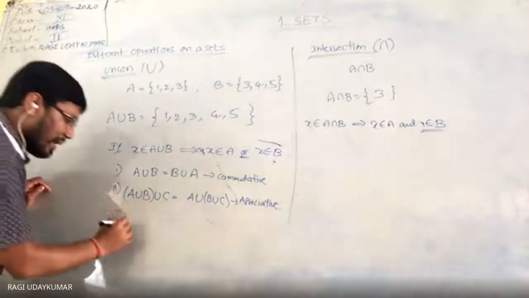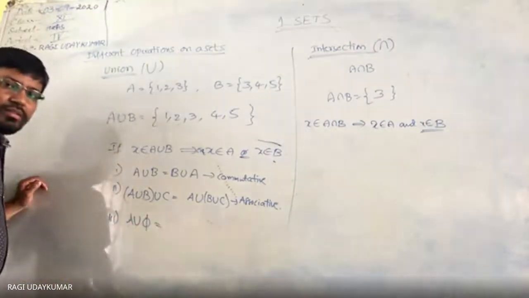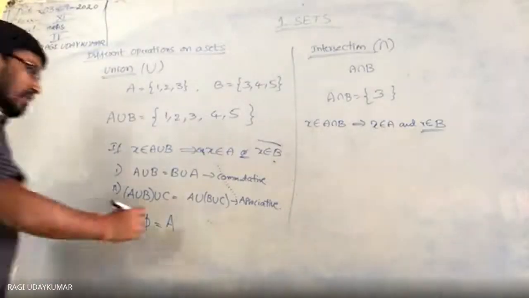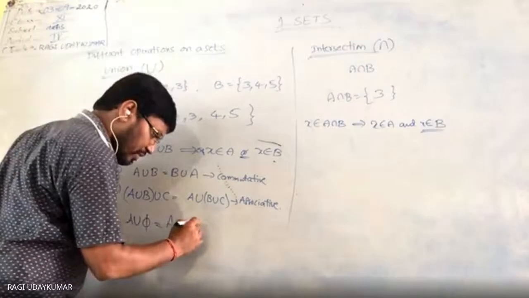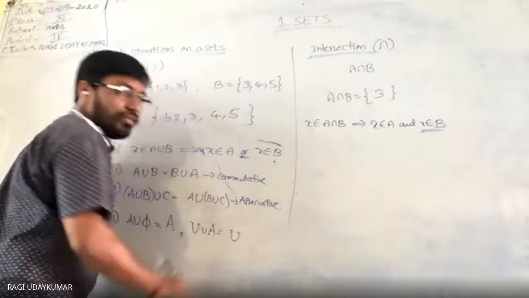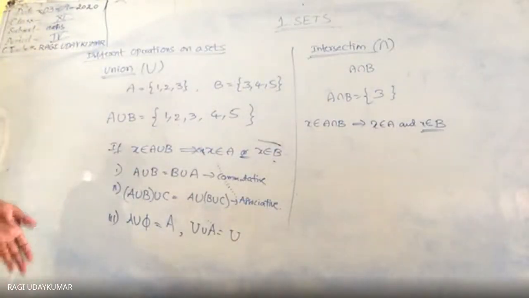When you combine A union phi, what do you get? A union phi is equal to again A. Yes, A only you are going to get. And universal set union A is equal to the universal set.